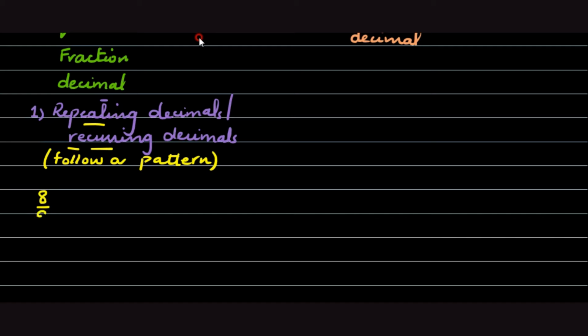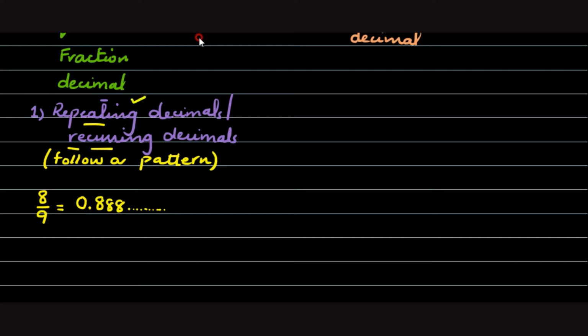8 upon 9. Once you divide it, you will get the answer 0.888, continued, repeating, and non-stop, right? So it means it will be non-stop. You cannot stop it.